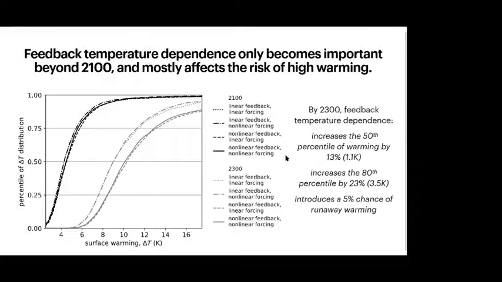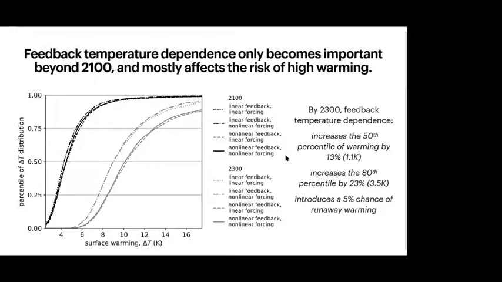We rerun this experiment with the feedbacks assumed to be linear and the forcing assumed to be linear, and then with both of those either with nonlinear or linear feedbacks and forcings. By 2100, there's almost no change from these nonlinearities I've been discussing in this talk.